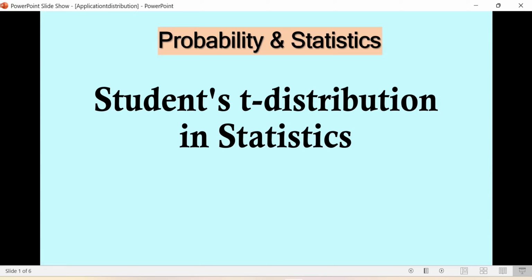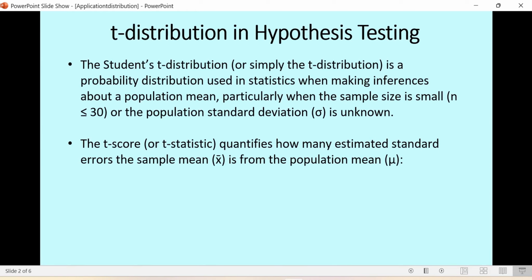Hello, in this video we will talk about the t-distribution, also formally called Student's t-distribution. It is very similar to the normal distribution, which is most commonly used in statistics.